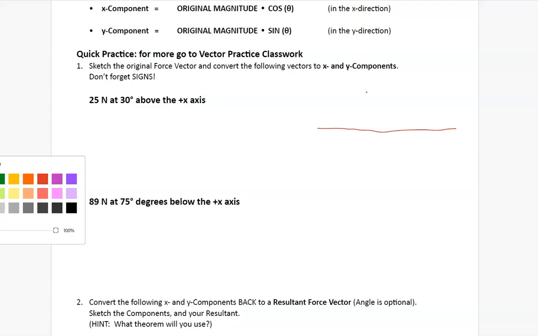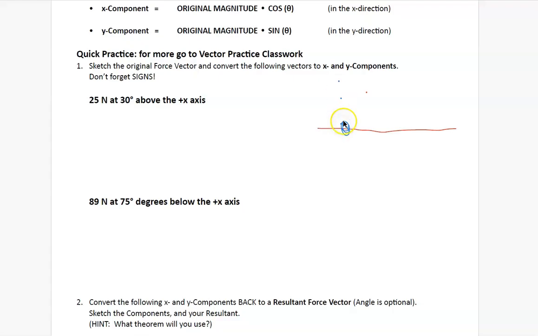I'll change colors here. You would just pick a starting point and make a vector that has a 30-degree angle above that. Keep in mind, if I was to go straight up, that would be a 90-degree angle. So we want about a third of that.